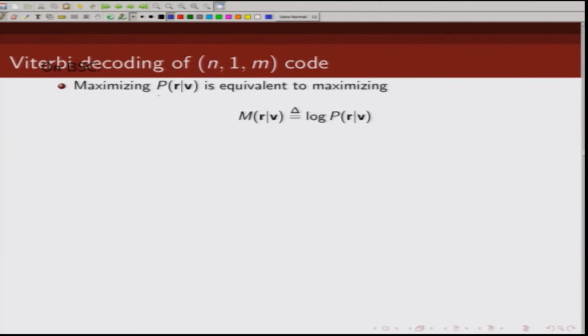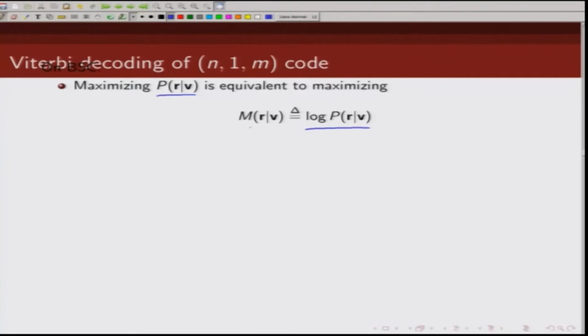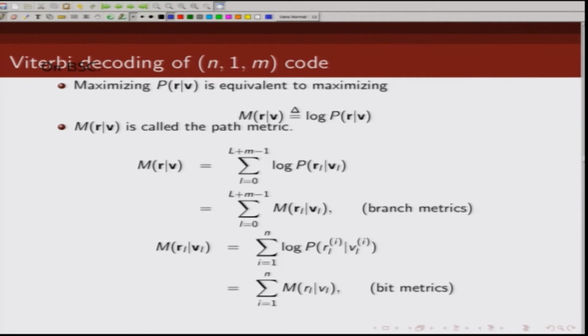Maximizing this likelihood function is equivalent to maximizing the log of the likelihood function, because log is a non-decreasing function. So our objective becomes maximizing the log of the probability of R given V, and we call this the path metric. How do we compute the path metric?